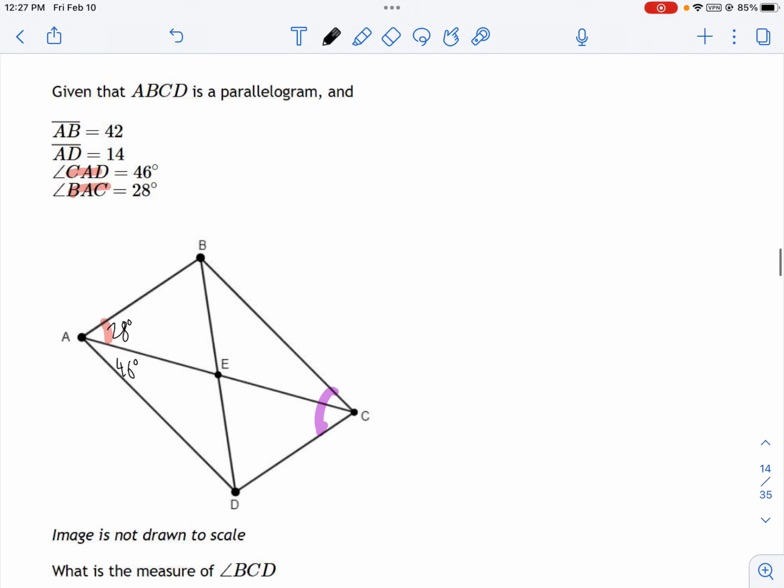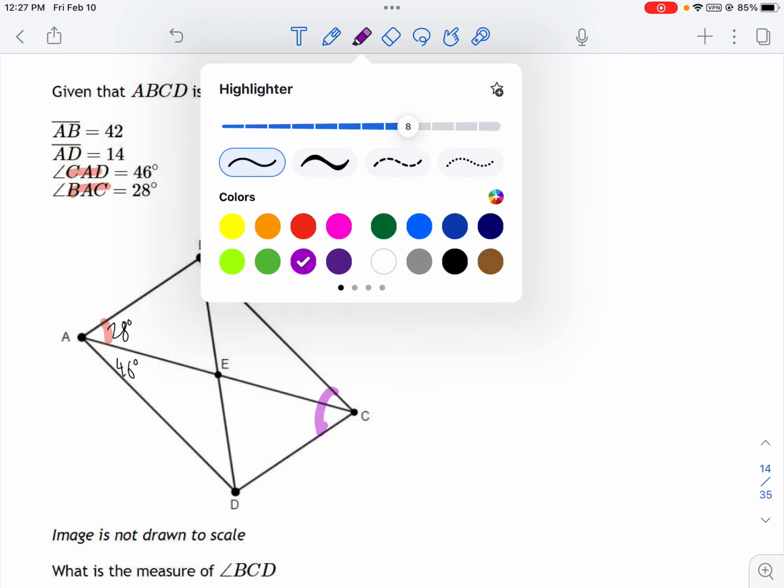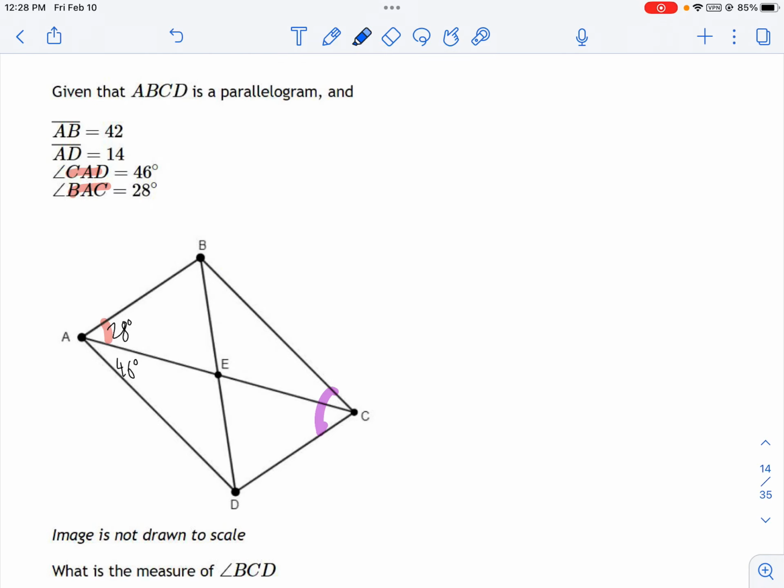Well, this is actually not too hard as long as you know your theorems for parallelograms. For angles, you have two theorems. Your first theorem is that opposite angles are congruent, so angles that are directly opposite of each other.